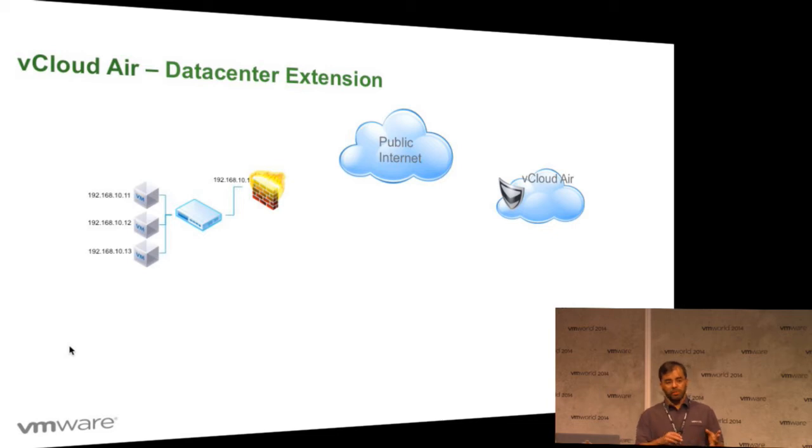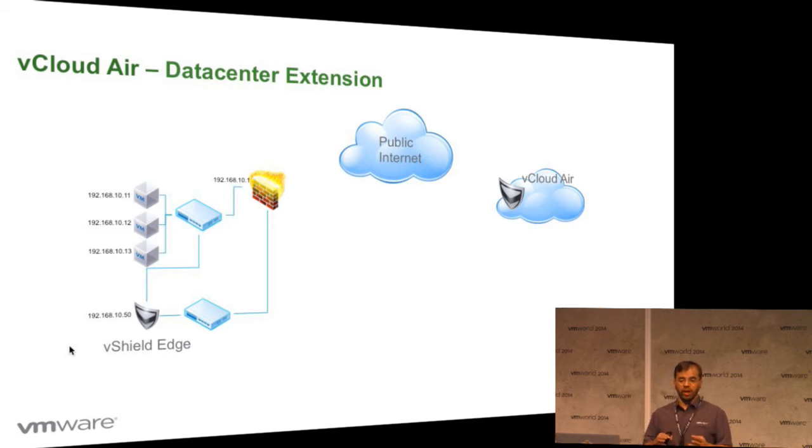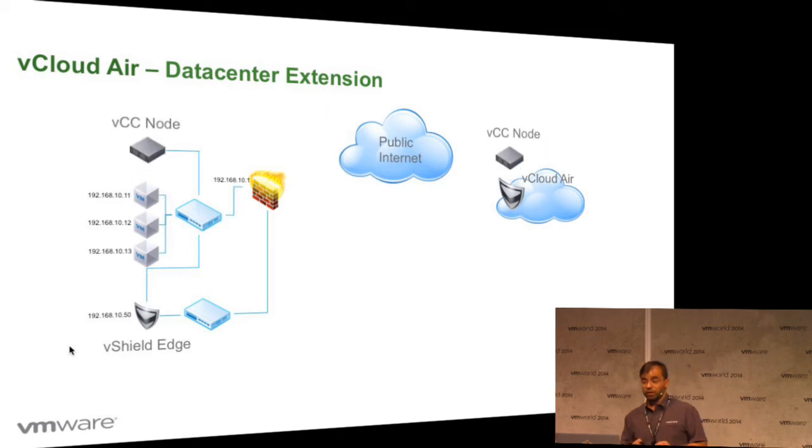So in the on-prem environment, we need to have a Shield edge gateway protecting the network where that virtual machine is connected. Once we have that, we'll deploy vCloud Connector server and nodes in the on-prem environment. On vCloud Air, we already have a multi-tenant node ready to go. We just need to register it with the vCloud Connector server.